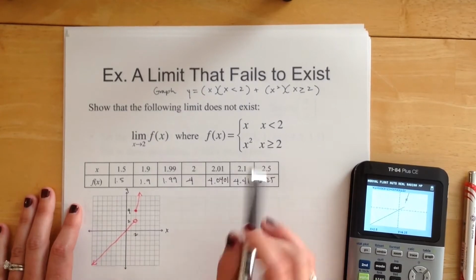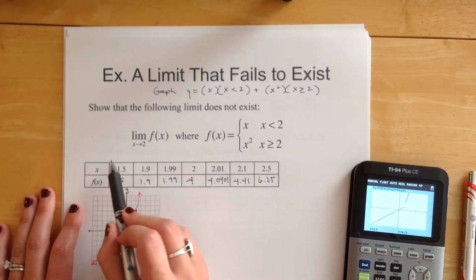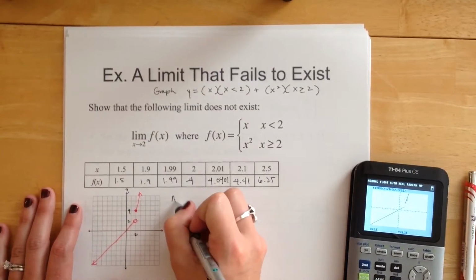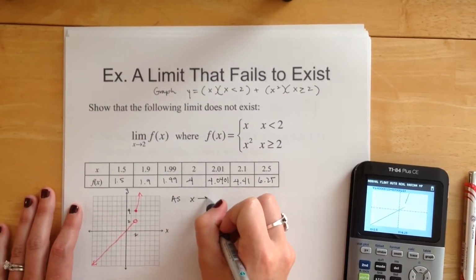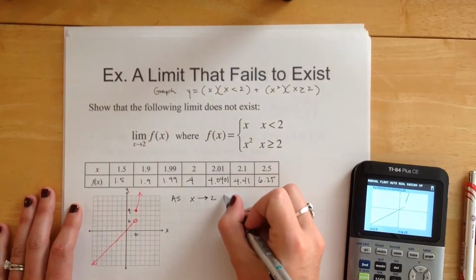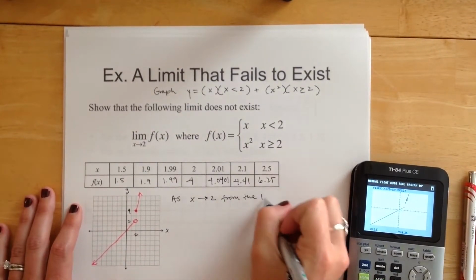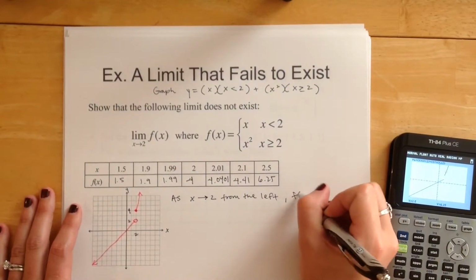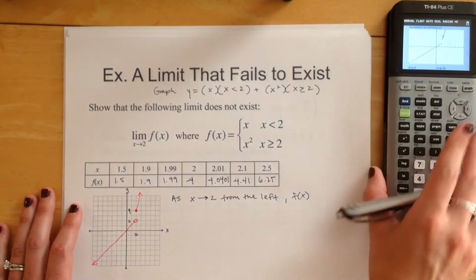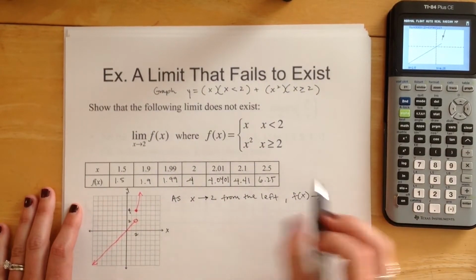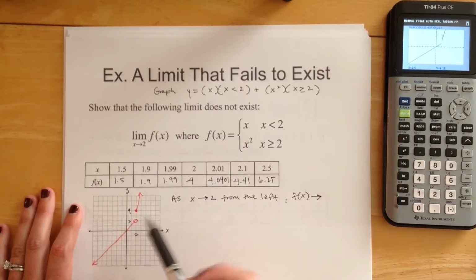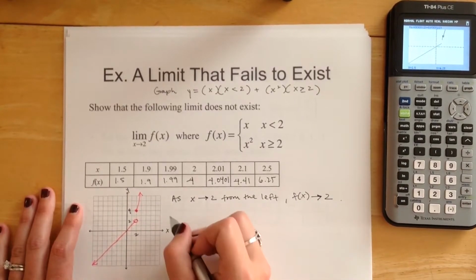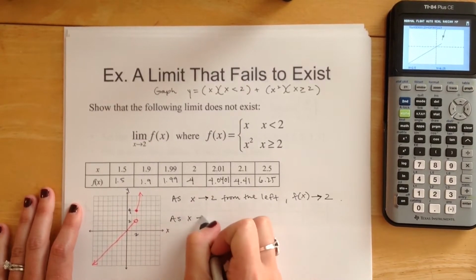Okay, so let's look at this. Let's look at as x approaches 2 from the left-hand side first. So as x approaches 2 from the left, f of x, our y values seem to be approaching 2 as x approaches 2.